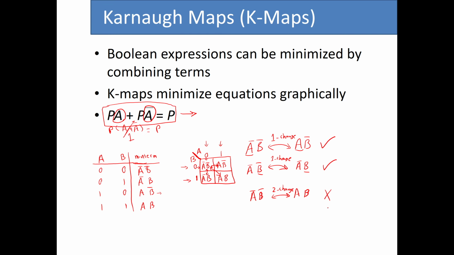Because of that, we are only looking for immediate neighbor cells. By immediate neighbor, I mean when you go one step to the right or left, or up or down, right? Nothing on the diagonal. There are cases where the cell on the diagonal would also help us simplify the equations, but not in this case.